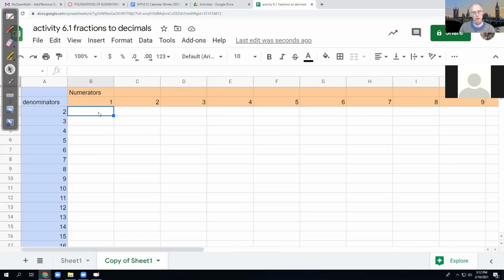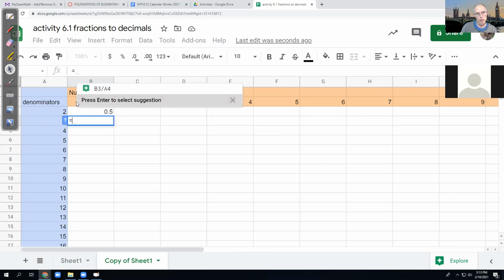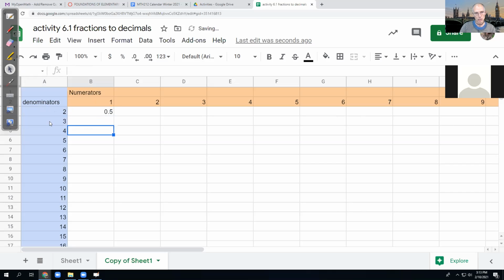And then what I want to do here is I want to say, okay, given this numerator divided by this denominator, what's the decimal look like? And then down here, basically, I want that same numerator, but the new denominator. Same numerator up there divided by this new denominator.